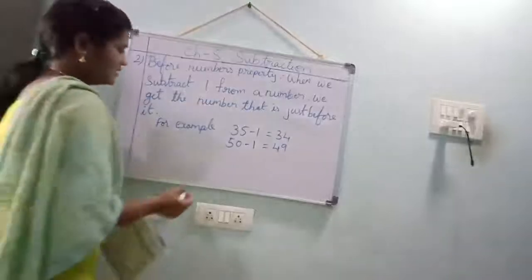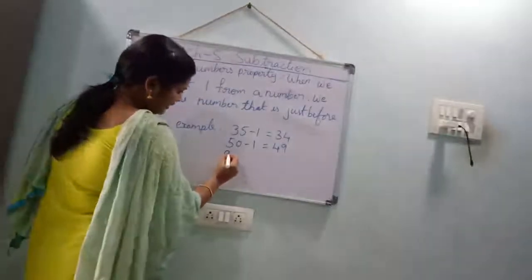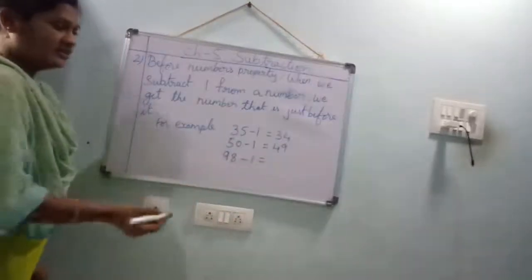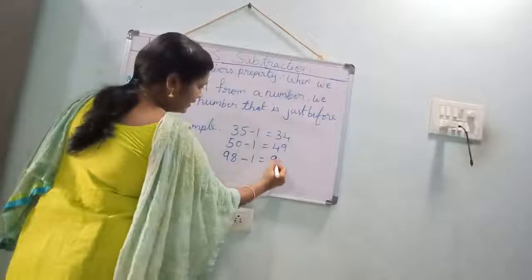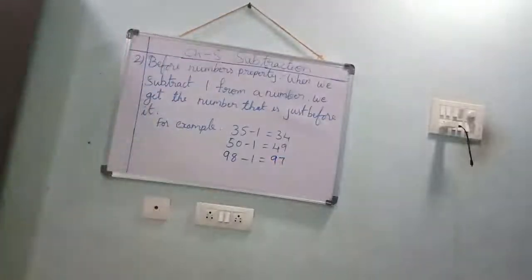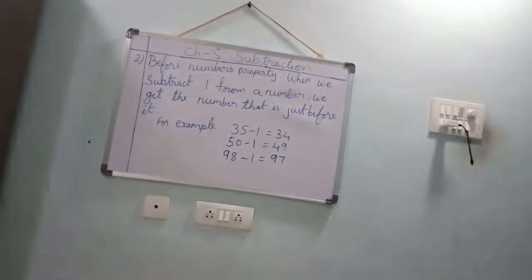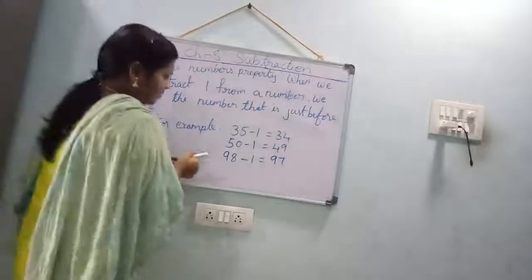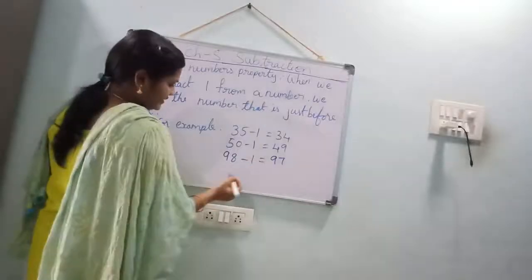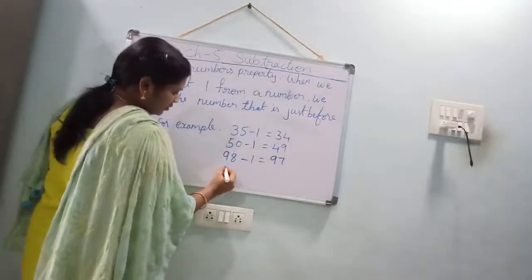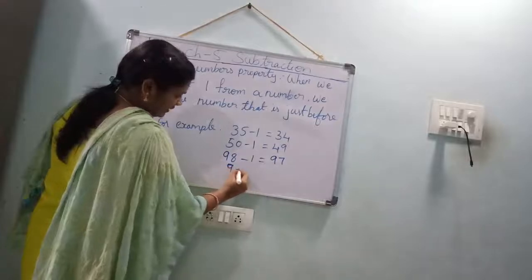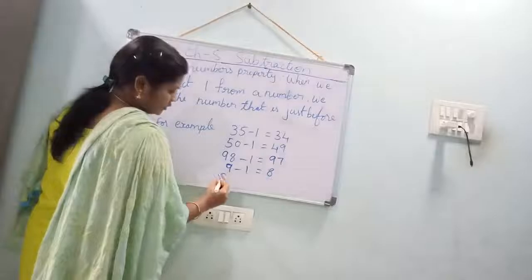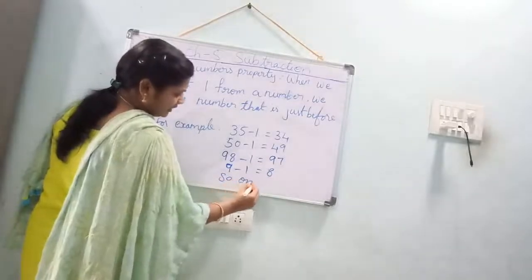Understood, children? Again, 98 minus 1, just before number, 97. 9 minus 1, 8. So many numbers you can write.